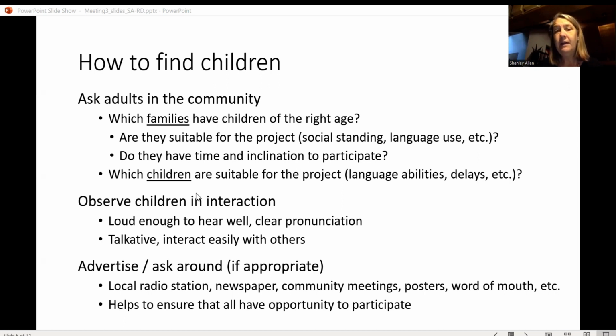And then in many communities, there's a sense of which families would be suitable for the project that have appropriate social standing in the community, or that have rich enough language use. This could be especially an issue in communities where there's language endangerment, and some families are seen to have more strong speech than other families.